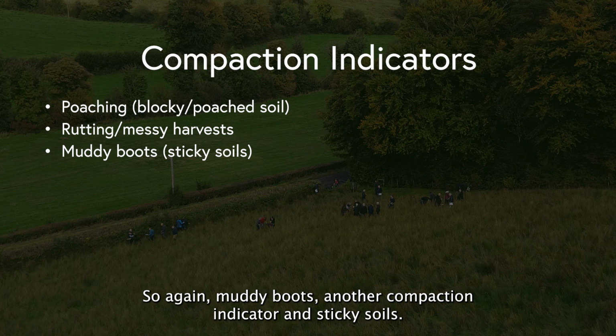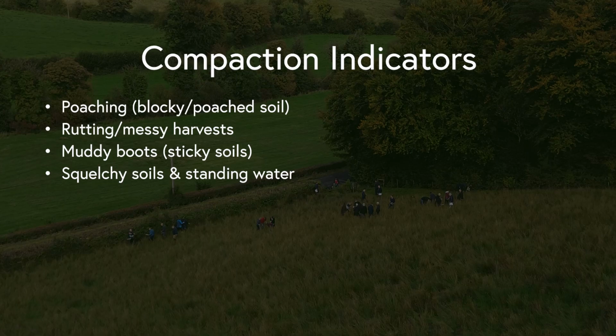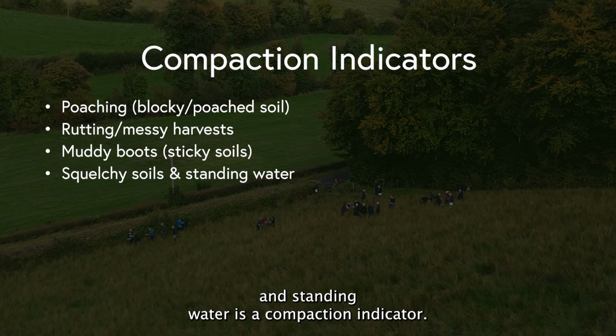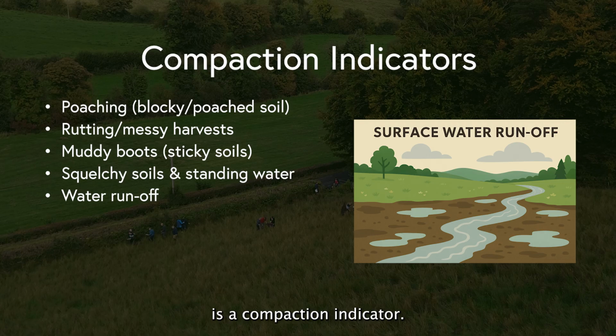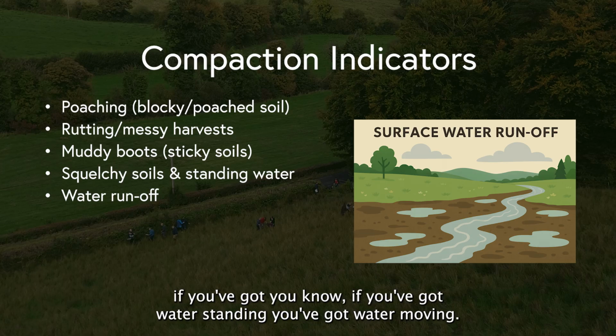So again, muddy boots, another compaction indicator, and sticky soils. So equally, we would say squelchy soil and standing water is a compaction indicator. Runoff is a compaction indicator, yeah? And again, if you've got water standing, you've got water moving.